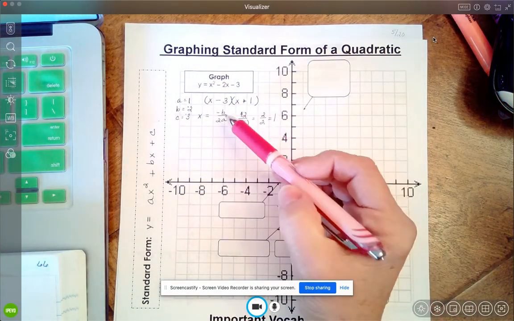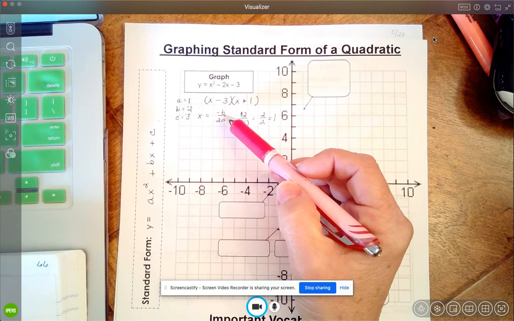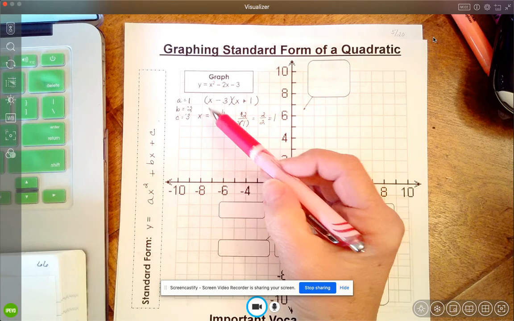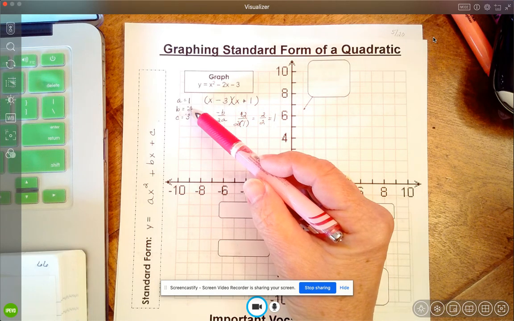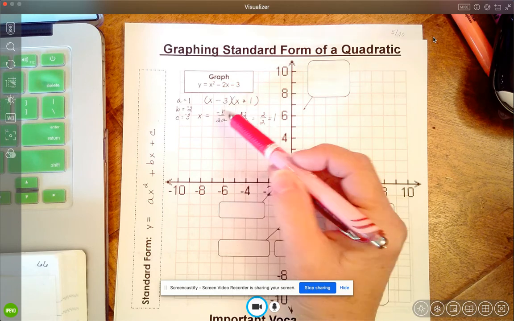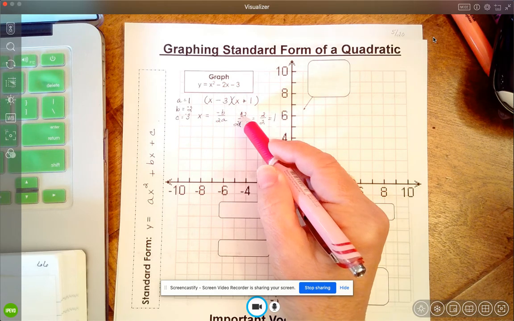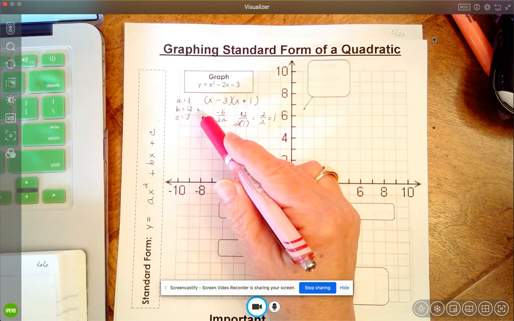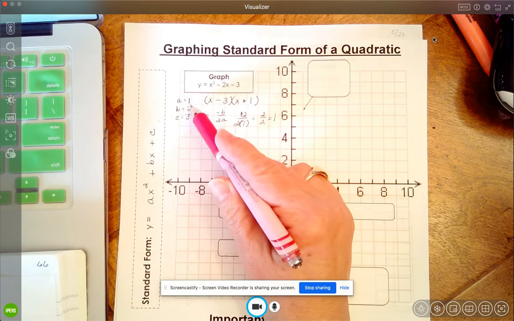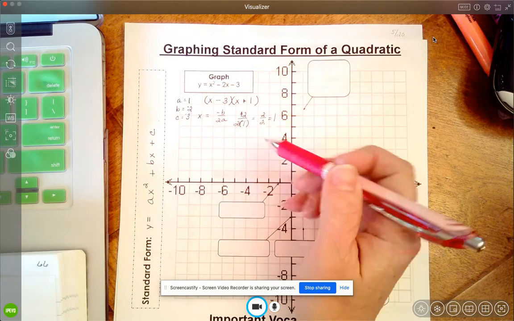So my formula for finding that axis of symmetry was negative b over 2 times a. My b value is negative 2, my a value is 1. So negative b, which makes that a positive 2, negative times negative is positive, over 2 times the a value, which is 1. I have 2 over 2.